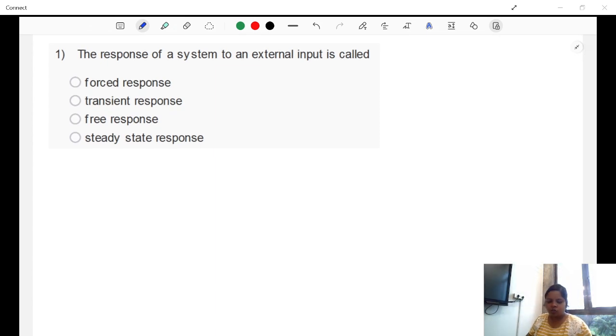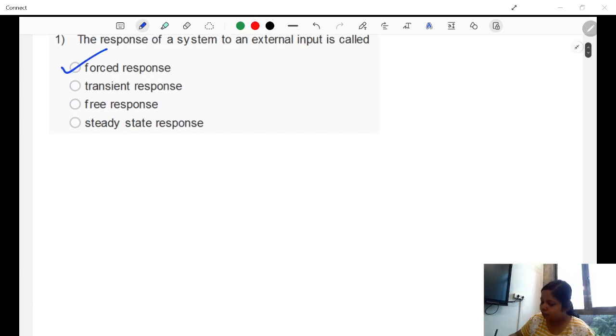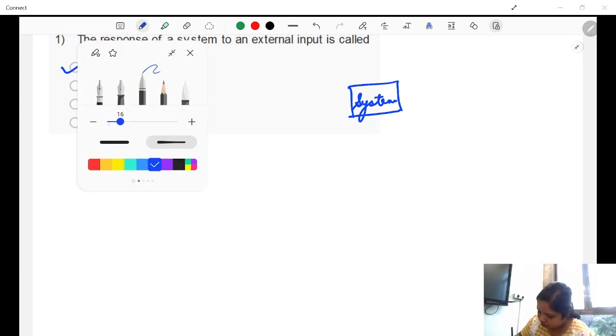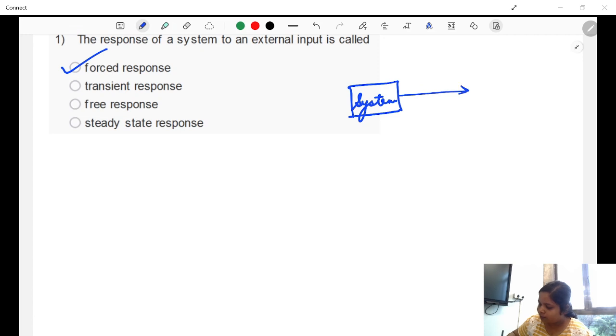In the lecture also this thing was covered, and I want to reiterate the example. So it is forced response because let's say we consider a mass spring damper system. Okay. So we have some input to the system.